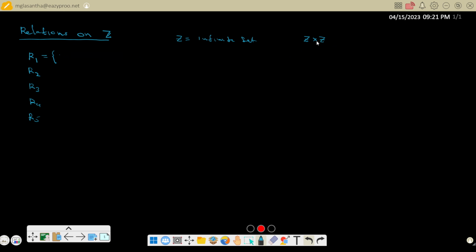If you want, you can list just a few elements of Z cross Z. But you can imagine the shape of the elements. You don't need to list them all. Without listing, you can imagine how these elements look like.